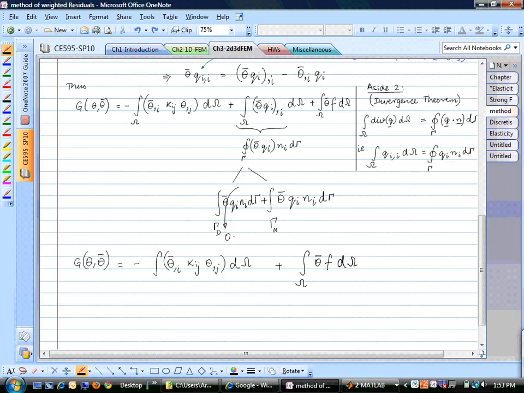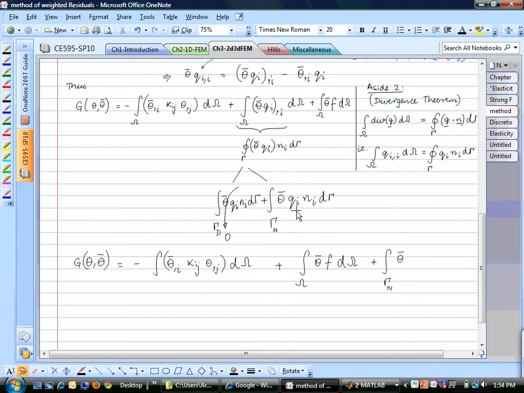And since one part of the boundary term has gone away, we are left with this other part, which is evaluated only over the part of the boundary where heat flux is specified, theta bar times q_i n_i. Now, what can we substitute for q_i n_i on gamma n? Take a look at your strong form.